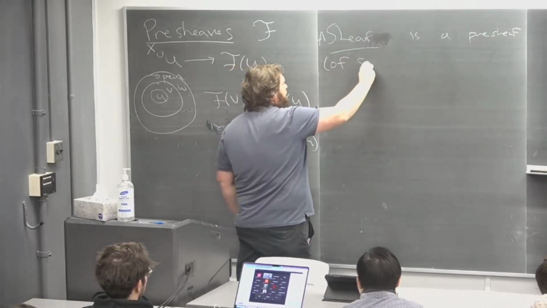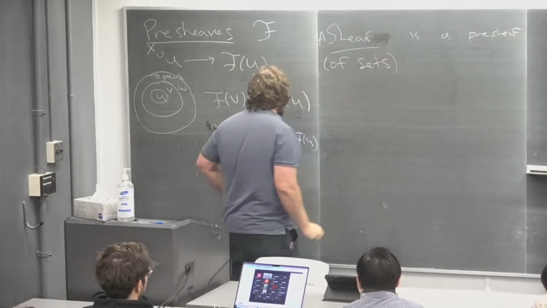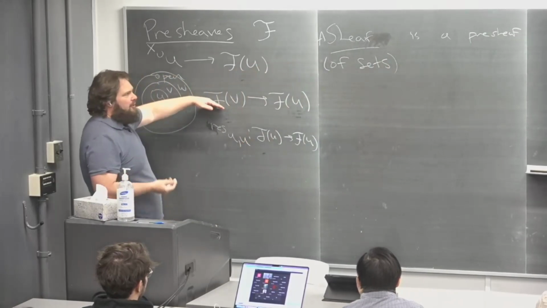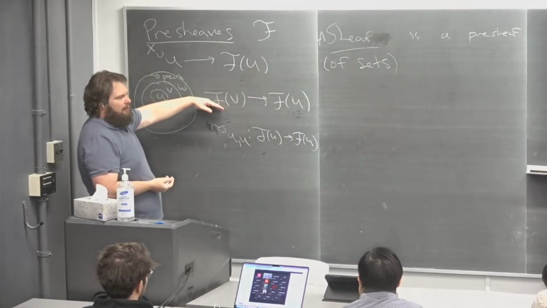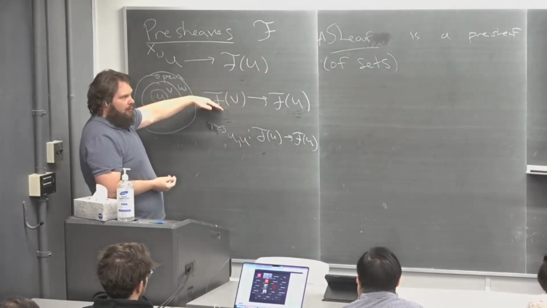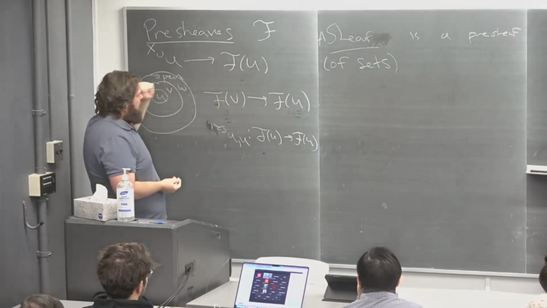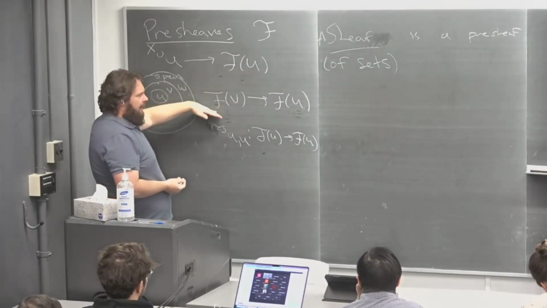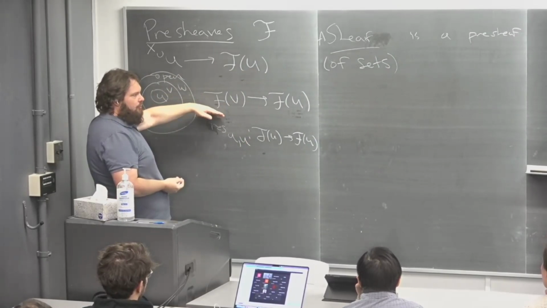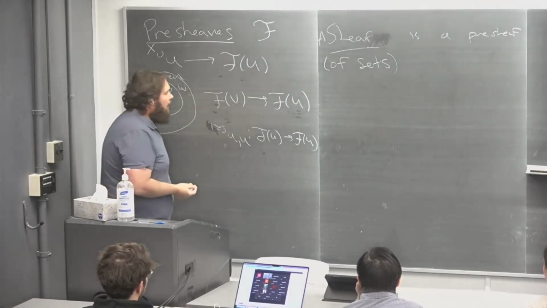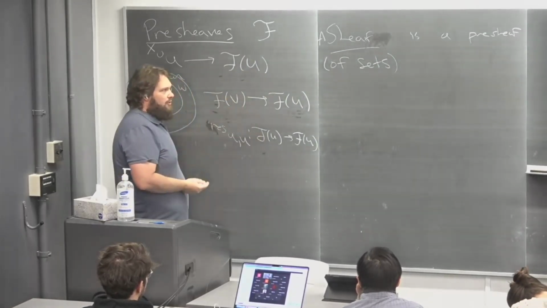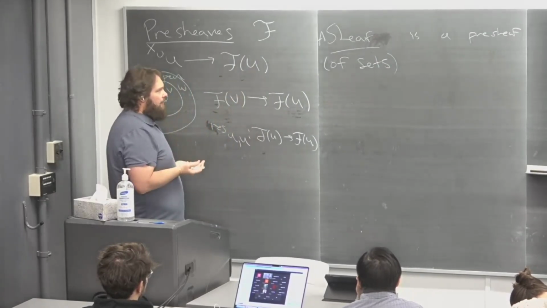And let me for now talk about sets. So pre-sheaves, it makes perfectly good sense to talk about in any kind of category, right? I could take this to be an object in any category and just say whenever I have a restriction, I have a morphism. And I only use the notion of composition, so everything is fine.